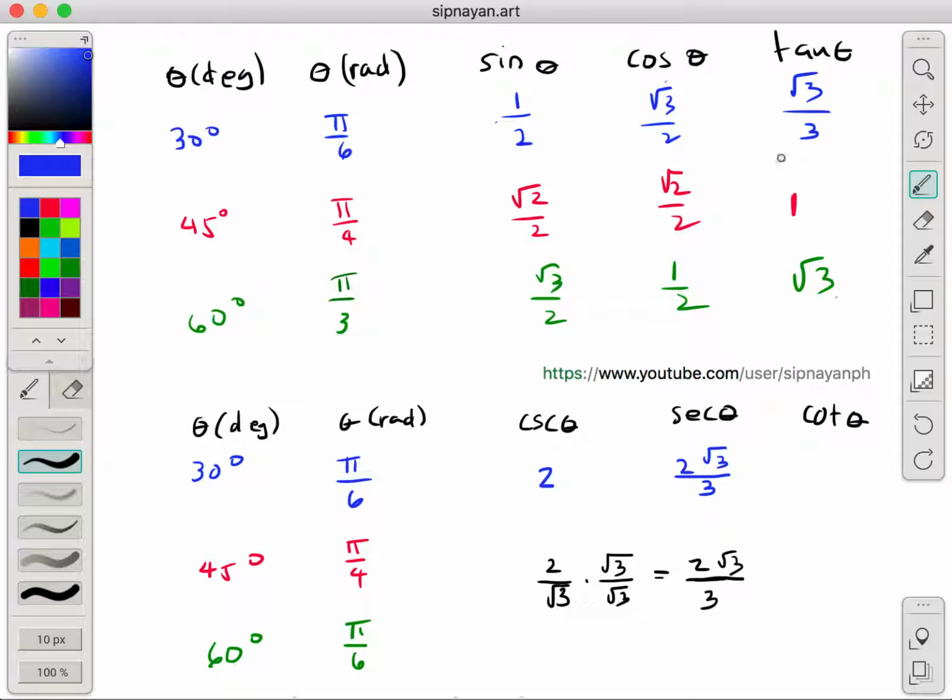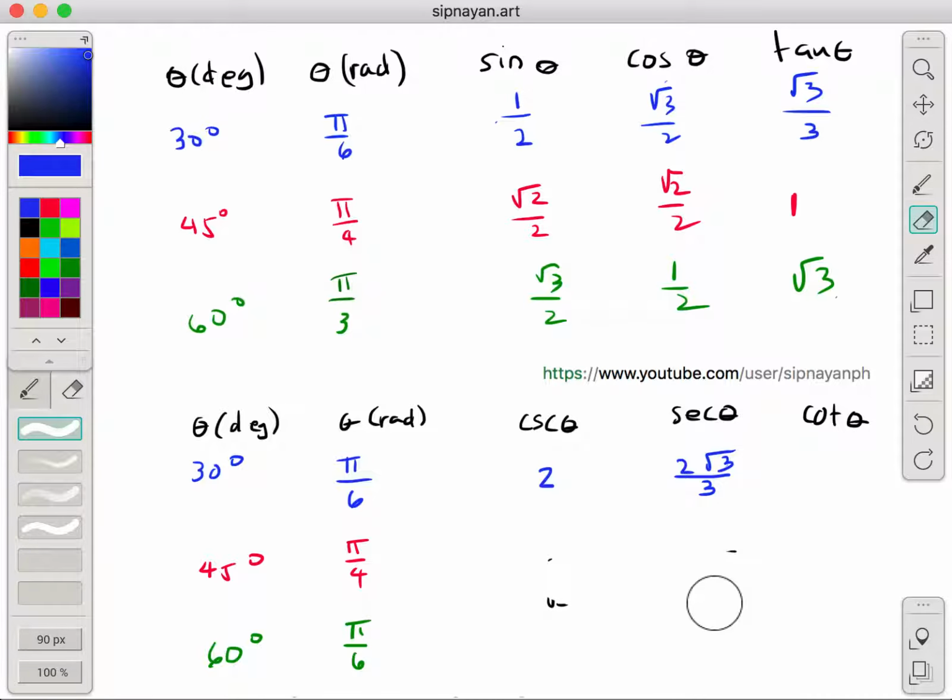So secant of 30 degrees is 2 square root of 3 over 3. Next, we have cotangent. The cotangent is also a reciprocal.